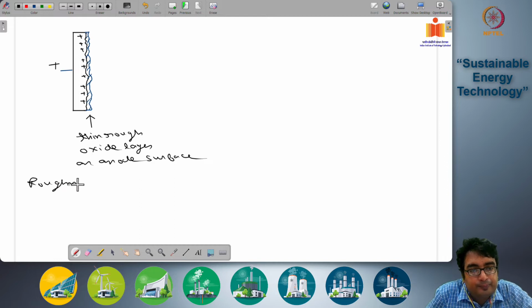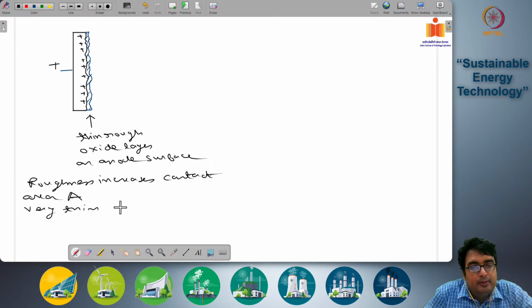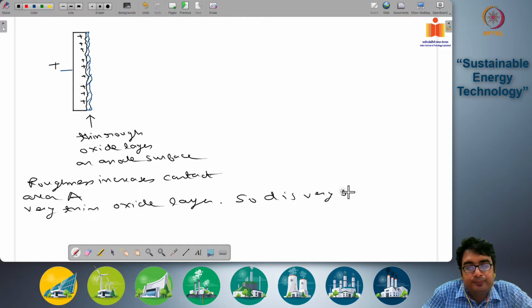So, roughness increases contact area A. Very thin oxide layer, so D is very small. Okay. So, this is only the D, the layer thickness D. And furthermore, the dielectric constant of these materials are quite large.